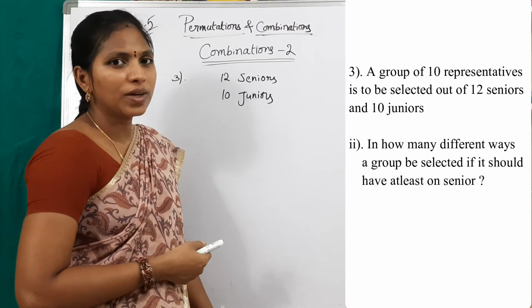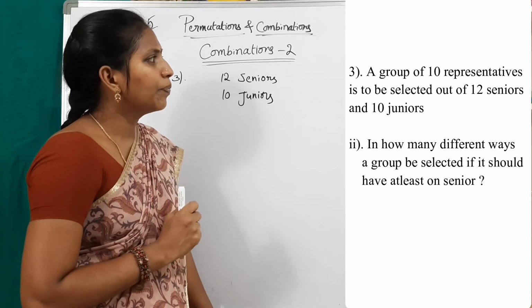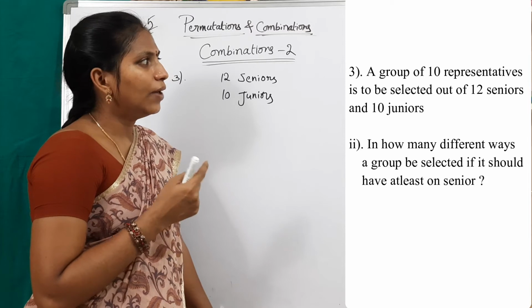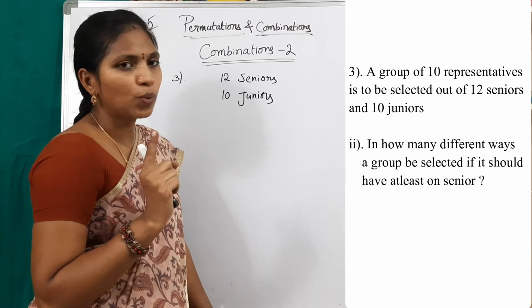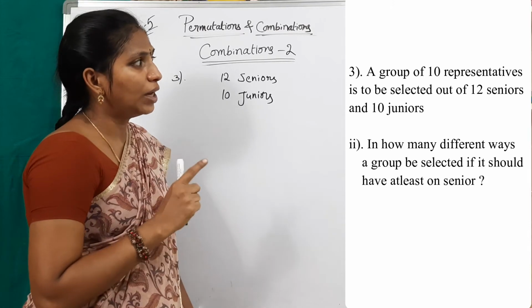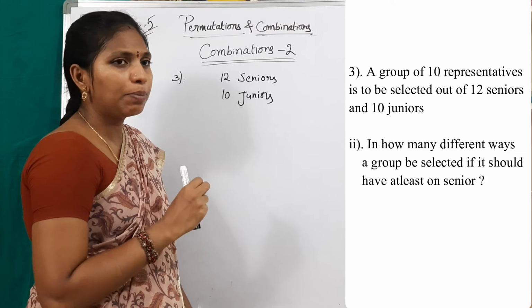And see the last sub question in this third one, very important. In how many different ways can a group be selected if it should have at least one senior? Means select 10 representatives.